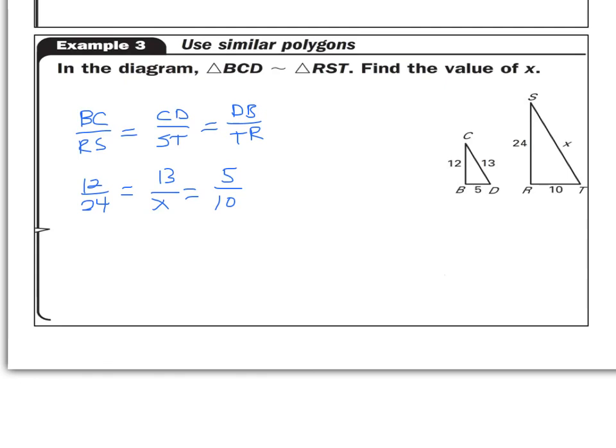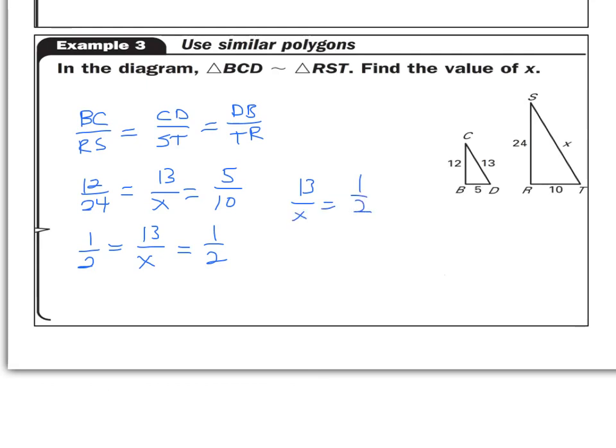When I reduce these two fractions, 12 goes into both of those, that's 1/2. 5 goes into both of these, that's 1/2. So now, I don't want to use all three of these. I'm just going to use 2. So I'm going to say 13 over x equals 1 over 2.